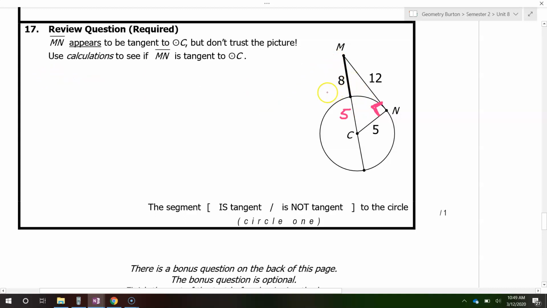So we're going to check and see, does a squared plus b squared equal c squared? I feel like I should have used a capital D here.